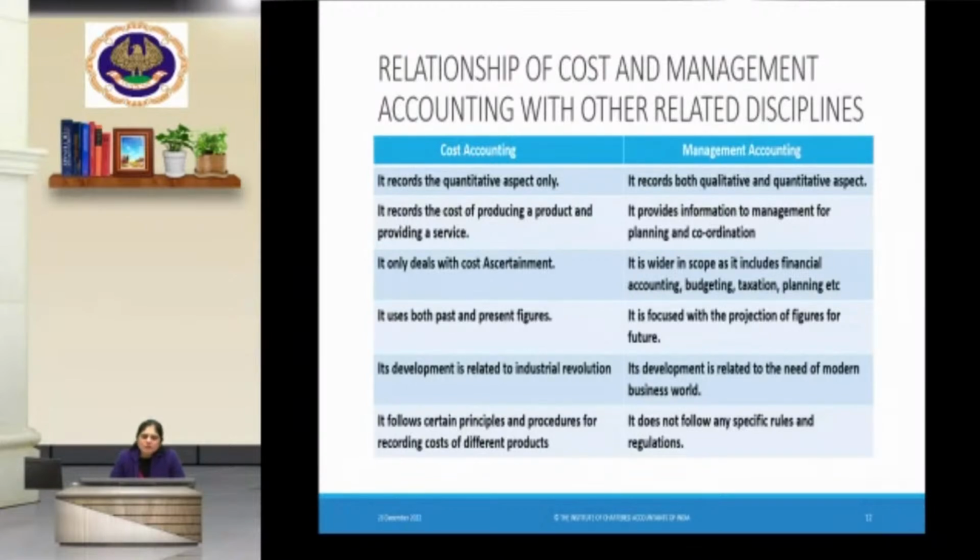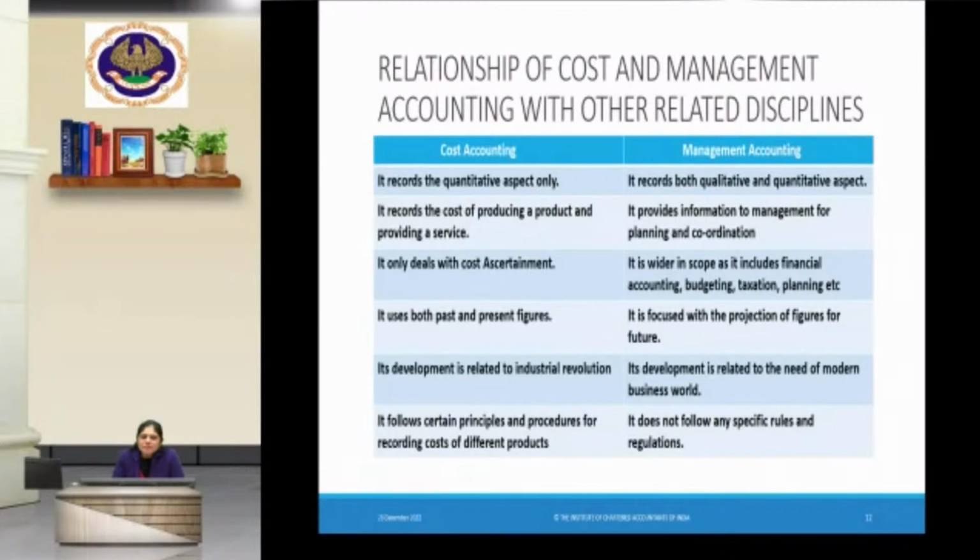Cost accounting records the cost of producing a product and providing a service. If you remember the objectives, the first objective was ascertainment of cost. So basically, it records the cost of producing a product. And management accounting provides information to management for planning and coordination. Every piece of information goes from cost accounting to the management for decision making.